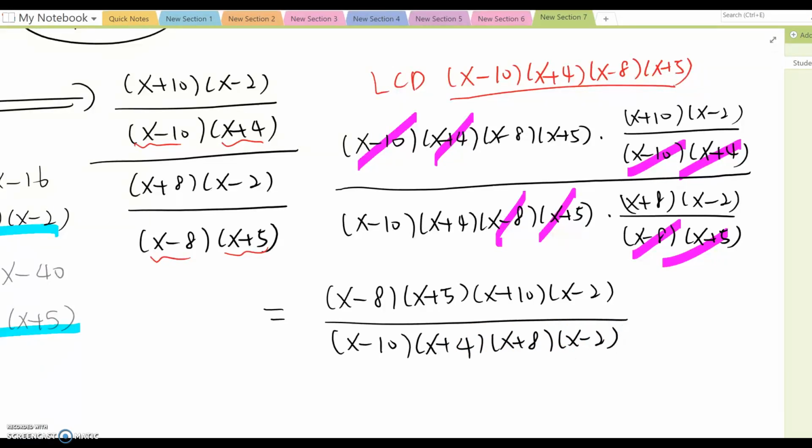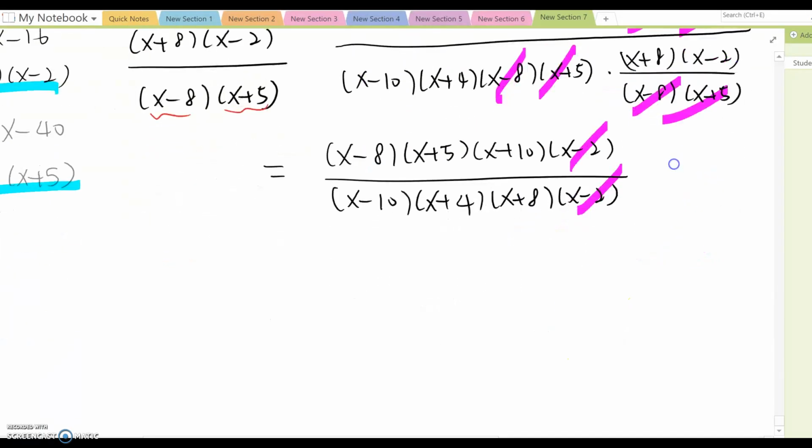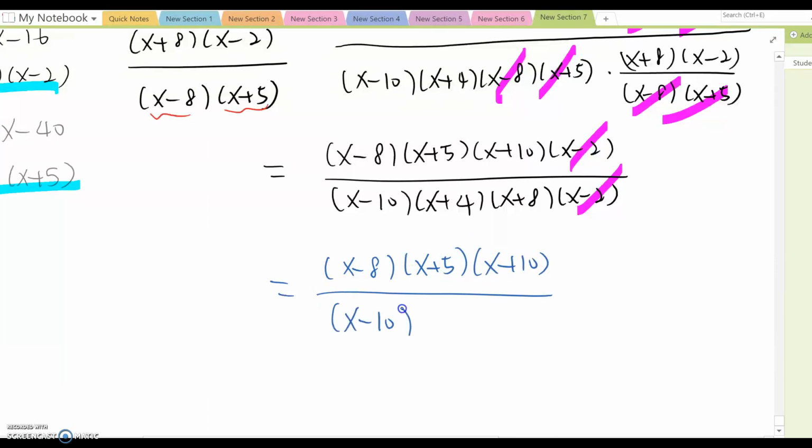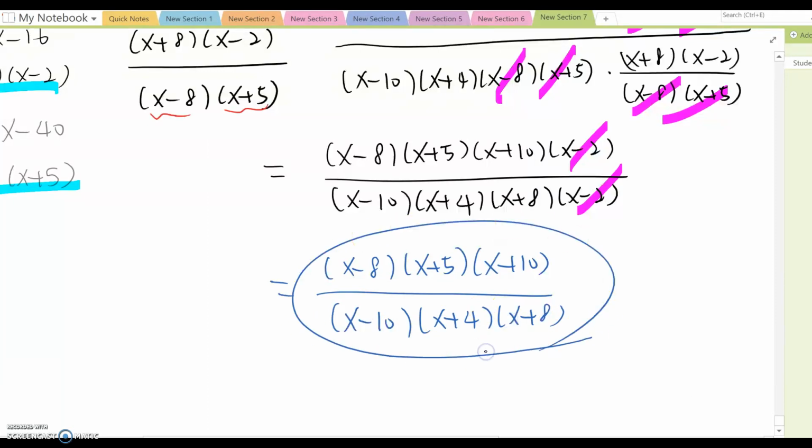Fortunately, we found another common factor. This cancels out. So the final answer becomes (x minus 8)(x plus 5)(x plus 10) over (x minus 10)(x plus 4)(x plus 8). That is our final answer.